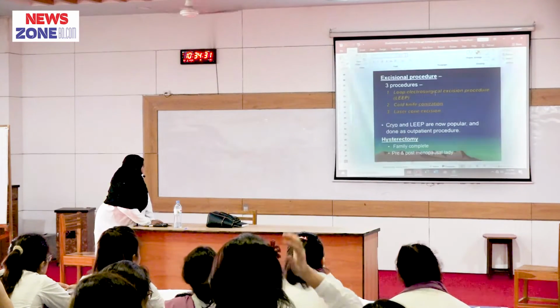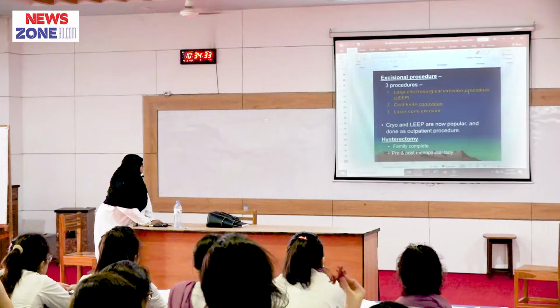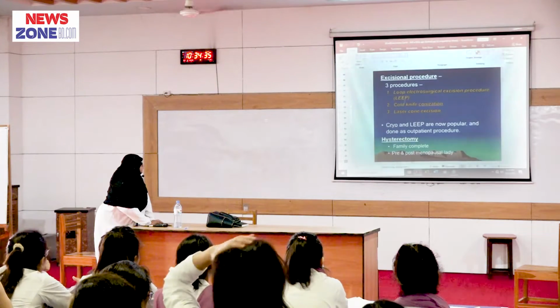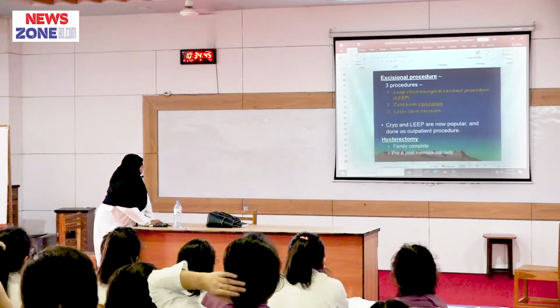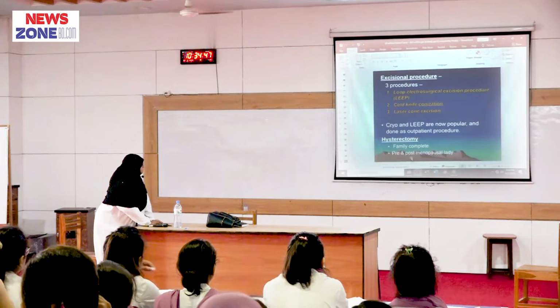Others are loop electrosurgical excision, LEEP, cold knife conization, and laser cone excision. Ultimately, if we feel the patient is very high risk, we can also do a hysterectomy, especially in perimenopausal women. These are the management of CIN3.